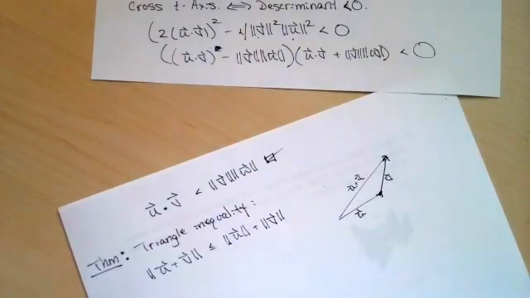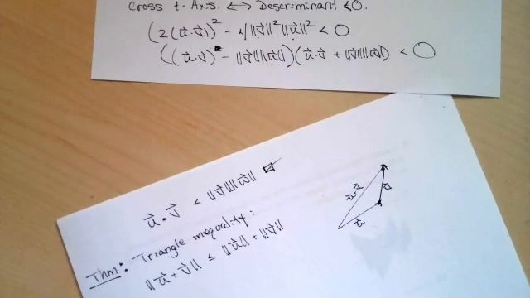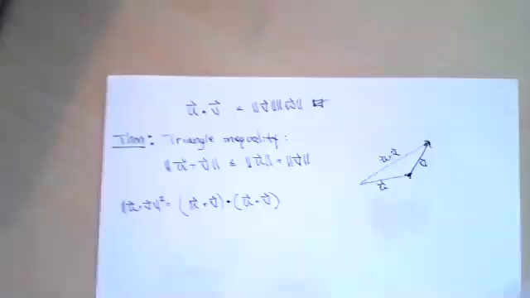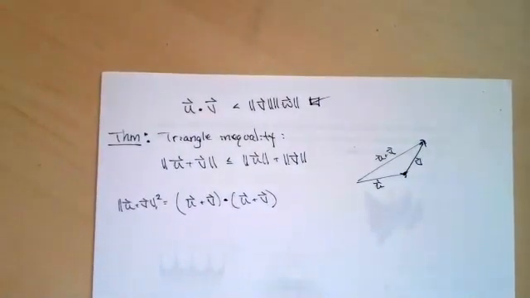Primarily, if we take a look at the norm of u plus v squared, that's going to give us the dot product of the vectors u plus v with itself. So sorry, my pages are getting angled here.